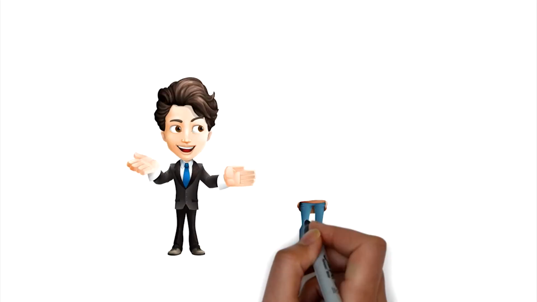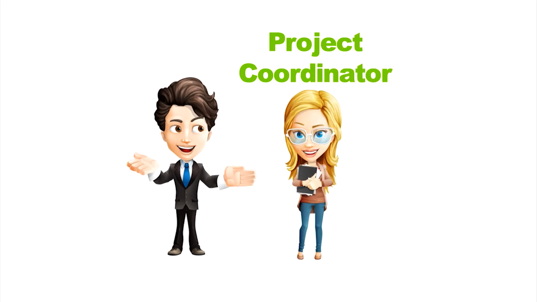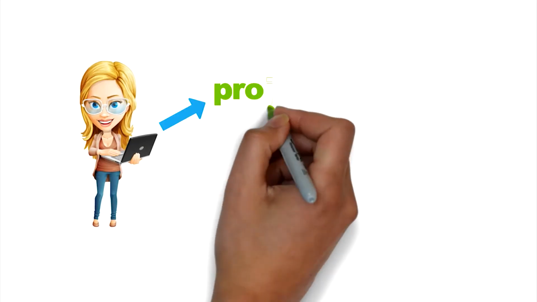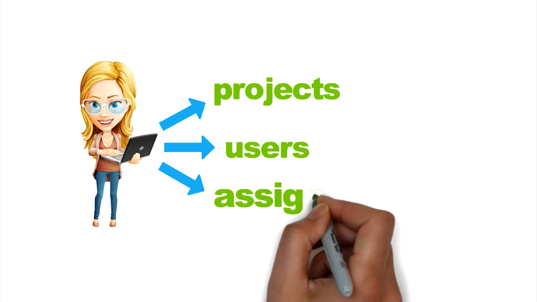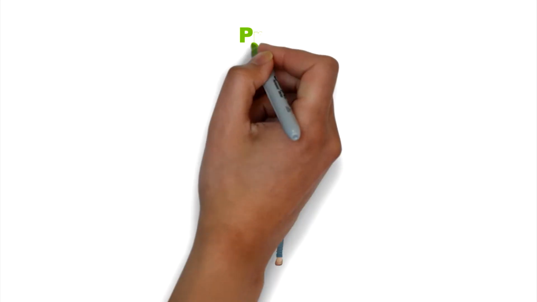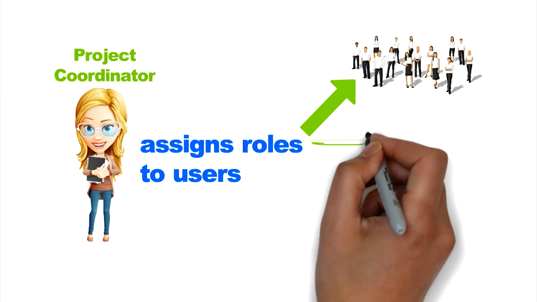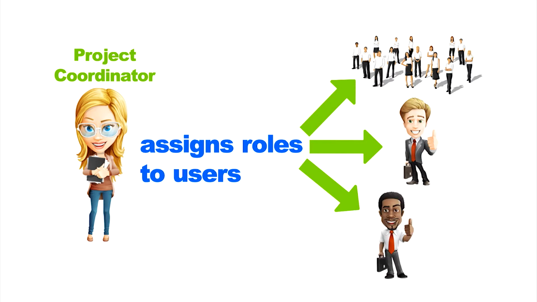Patrick has set up Wendy on 6 Sigma PM as a project coordinator for his organization. Wendy creates projects, creates users, and assigns users to sub-organizations and projects. As the project coordinator, Wendy also assigns roles to users such as team member, project manager, and program manager.